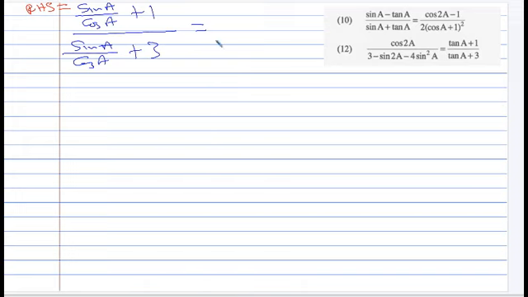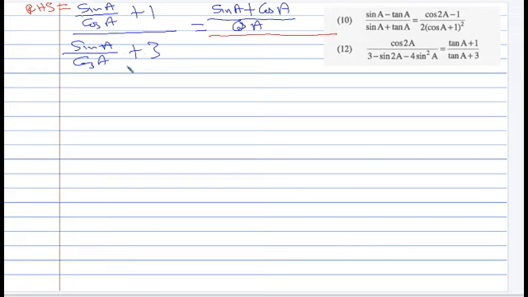Common denominator here. Our common denominator is going to be cos A, right? Common denominator for the numerator only is cos A, all over sin A plus cos A, and then the big dividing line, then we write the denominator there.